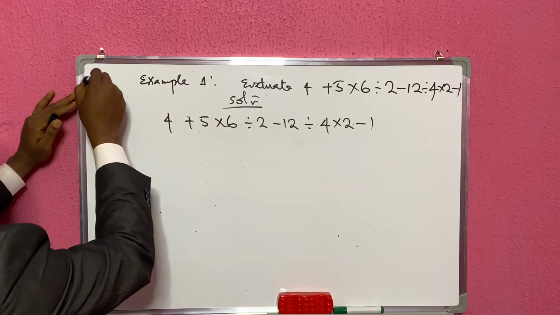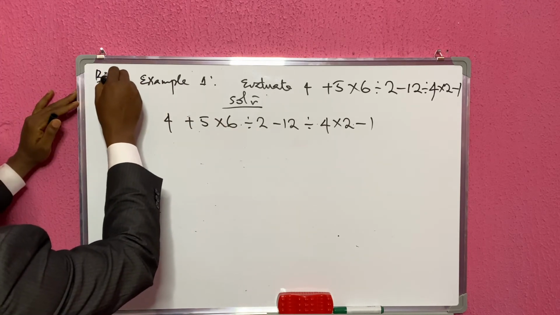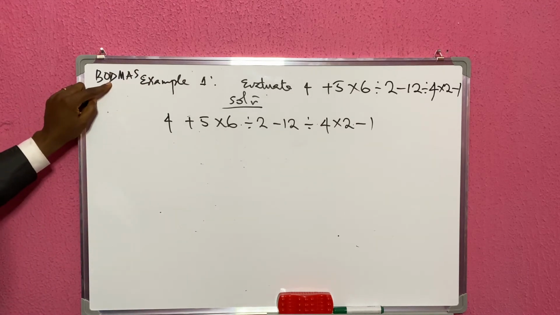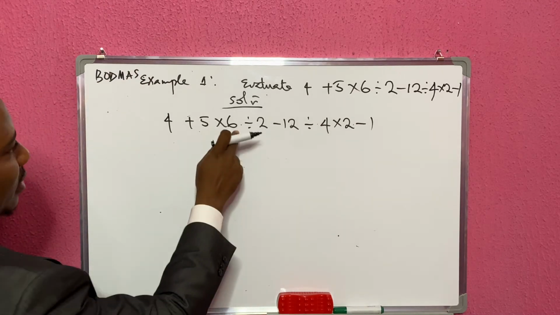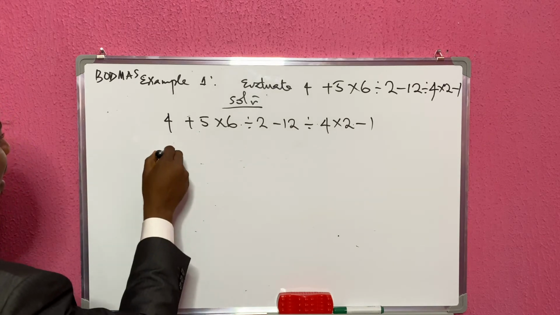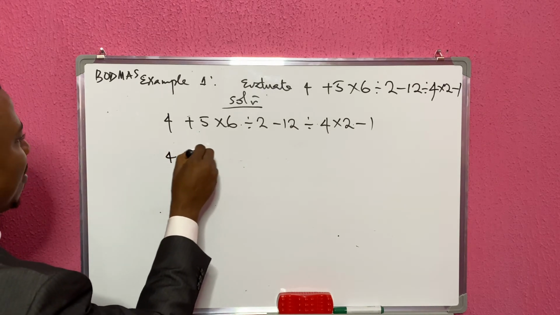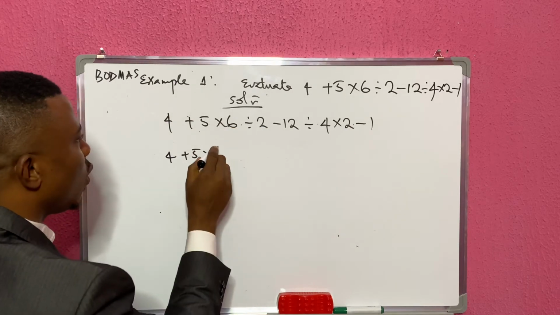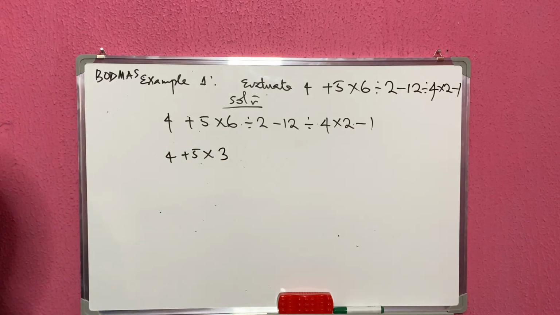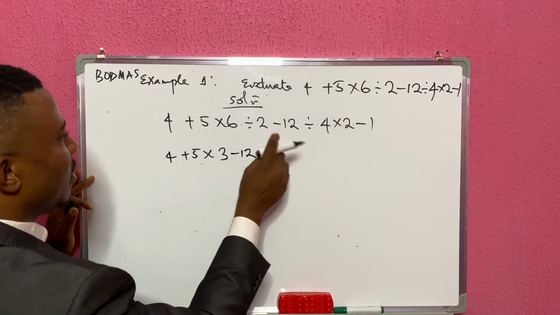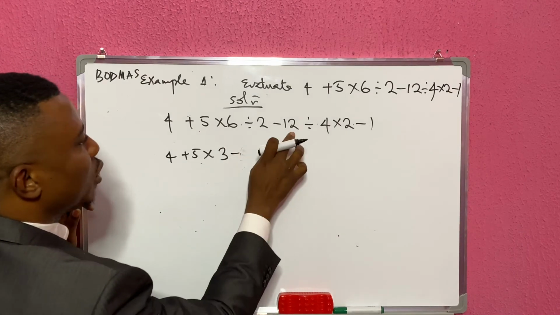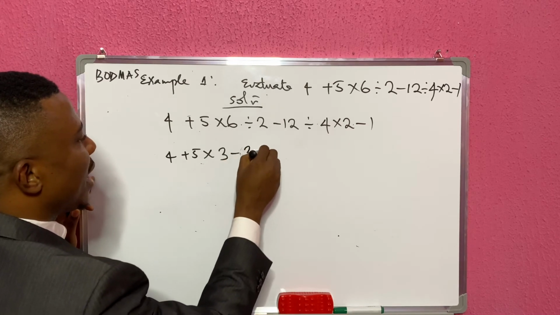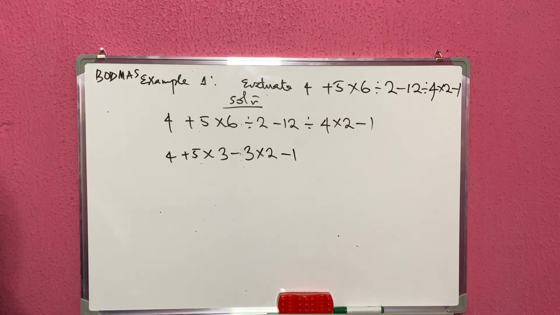BODMAS, don't forget. D is the first thing we see. That means 6 divided by 2 will give us 3. Minus 12 divided by 4 gives us 3 again. Multiply by 2 minus 1.